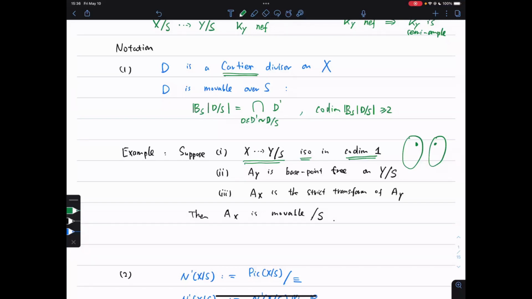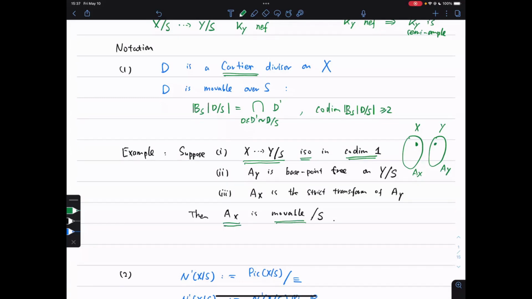Suppose we have a base point free divisor A_Y on Y. And then I let A_X be the strict transform of A_Y. The claim is that this A_X is movable.